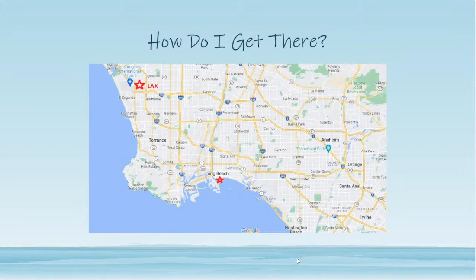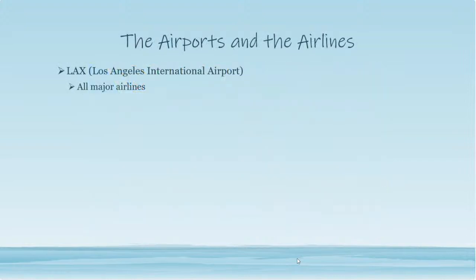Star at the upper left-hand corner there is Los Angeles International Airport, or LAX. The next star you're seeing, LGB, that's Long Beach Airport. And down there in your lower right-hand corner, the SNA, that is Orange County Airport, also known as John Wayne Airport in the past.